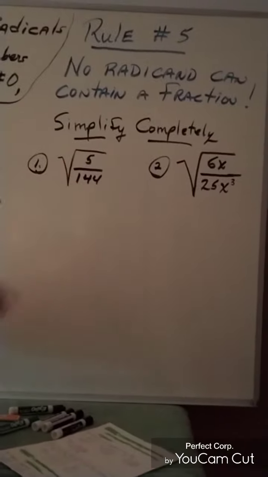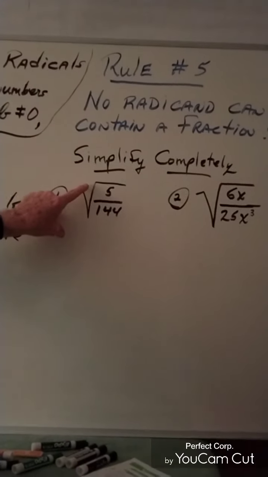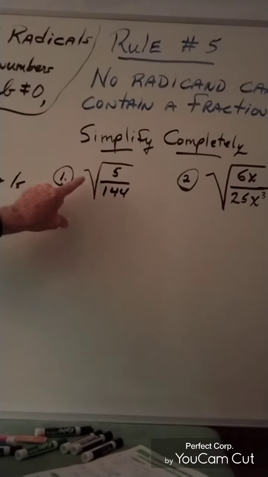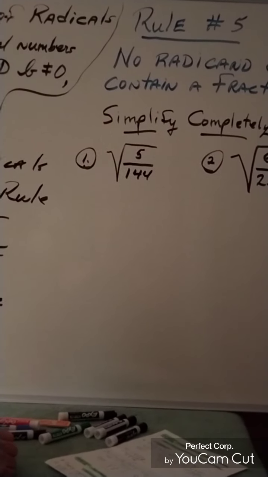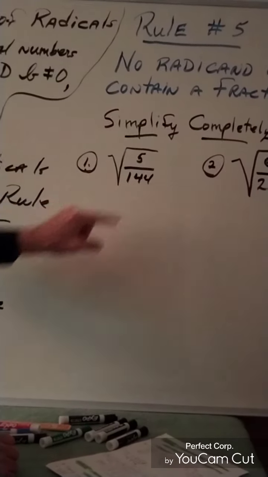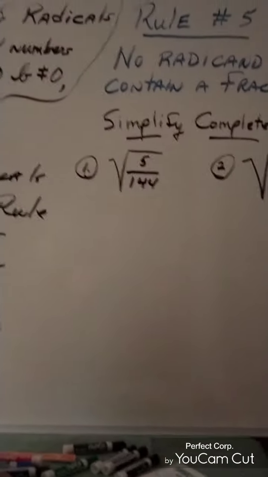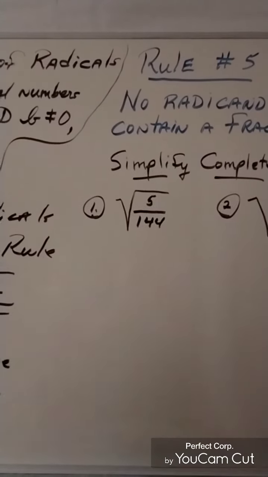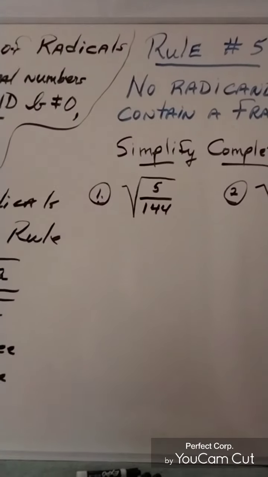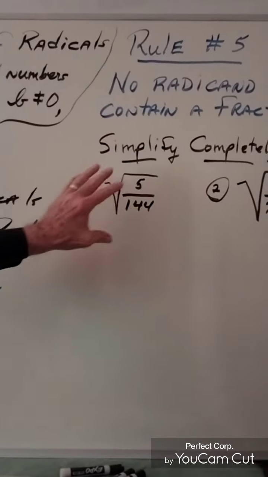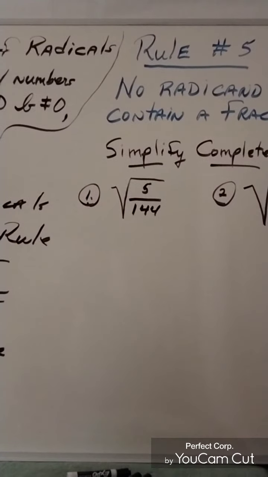So let's go to number 1. We're doing the square root of 5 over 144. Well, now 5 over 144 cannot be reduced. 5 is prime, and there is no 5 in 144. So it can't be simplified.